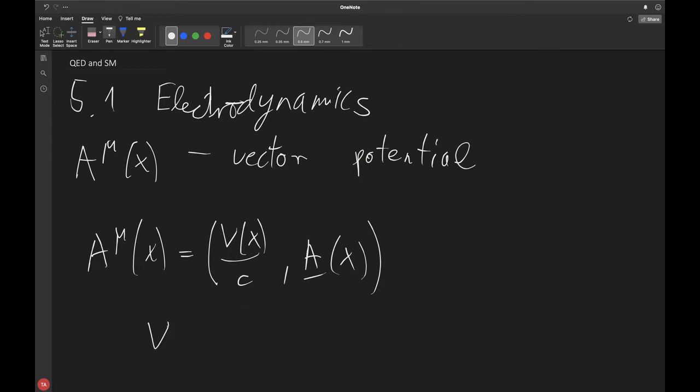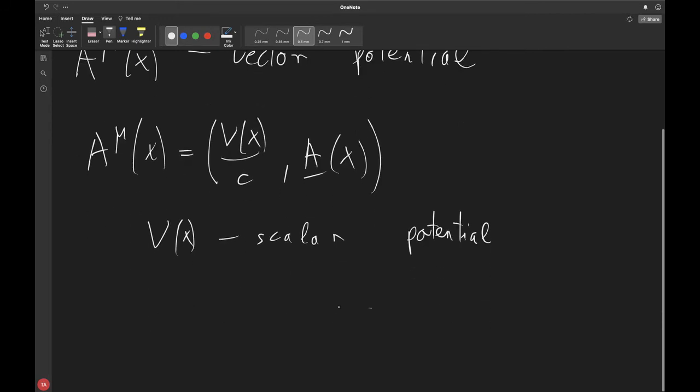So the V here is the scalar potential, and the A is a three-vector, the magnetic vector potential.